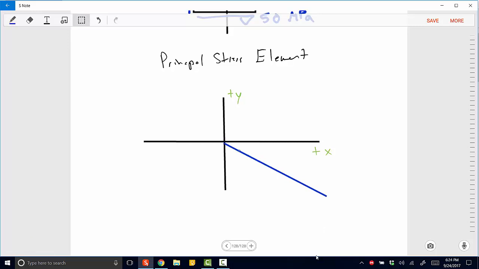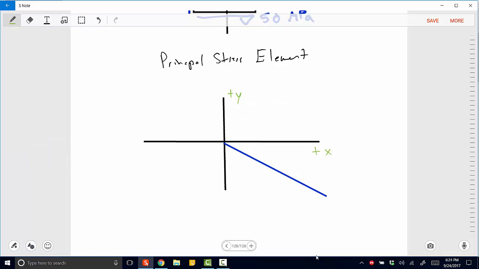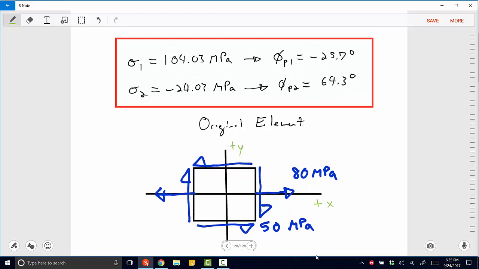Okay. And the line represents the distance from our positive x-axis to the orientation where our principal stresses reside, right? Now we've got two orientations, two angles. We have a phi p1 and a phi p2. And those are the distances from the positive x-axis.